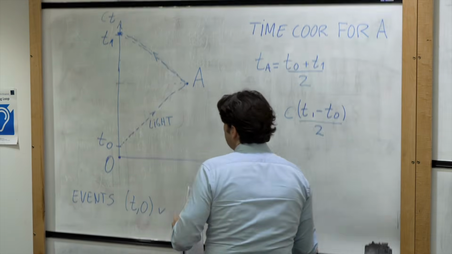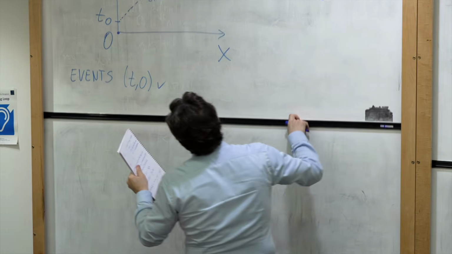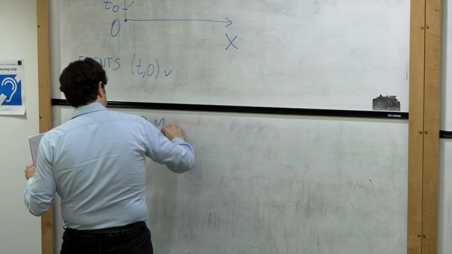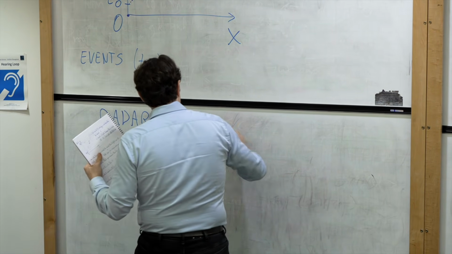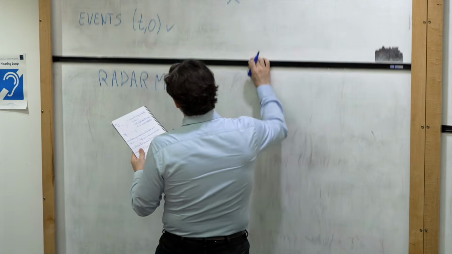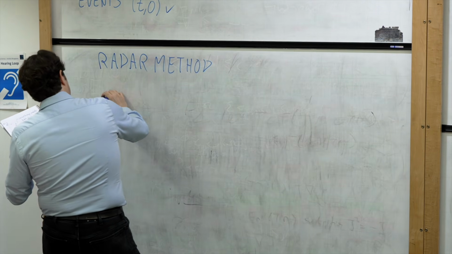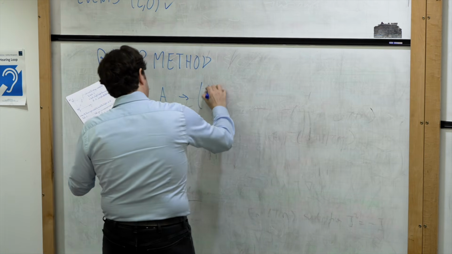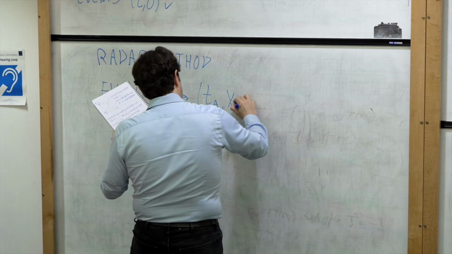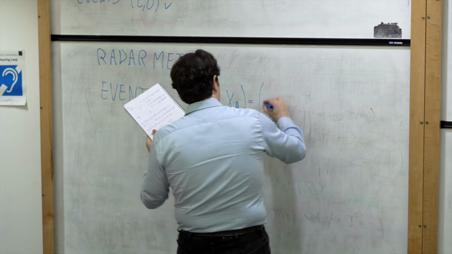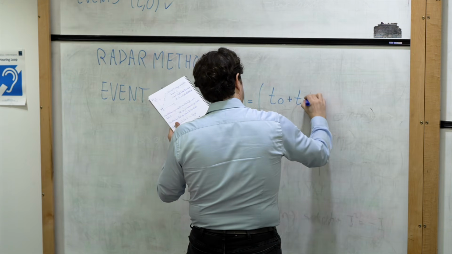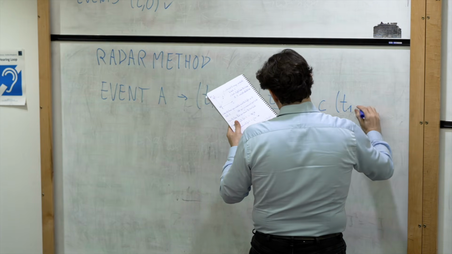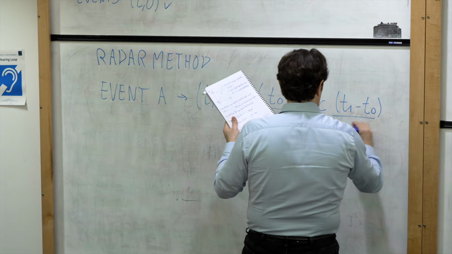So if we do this, and this is called the radar method, we deduce that the event A has coordinates TA and XA, which are equal to T0 plus T1 over 2, and c times (T1 minus T0) over 2.